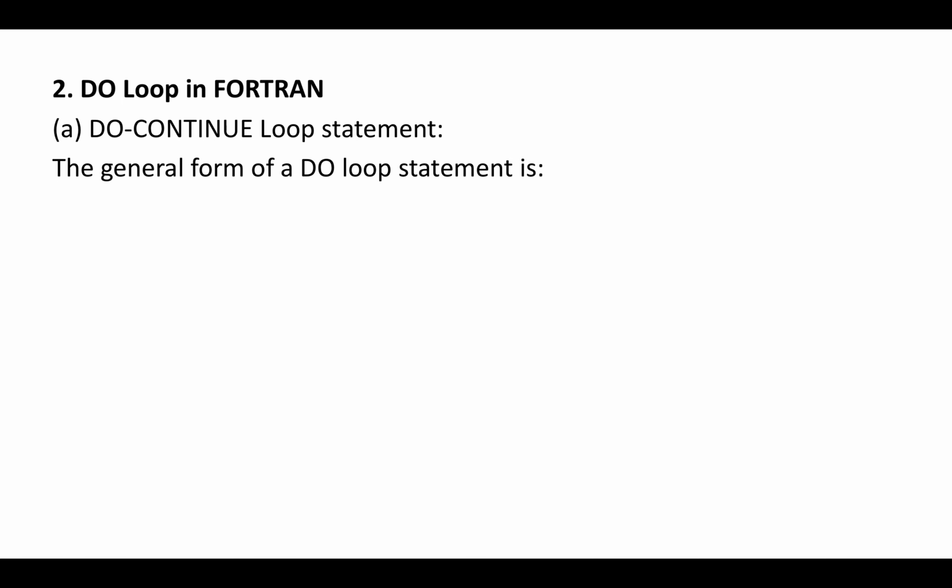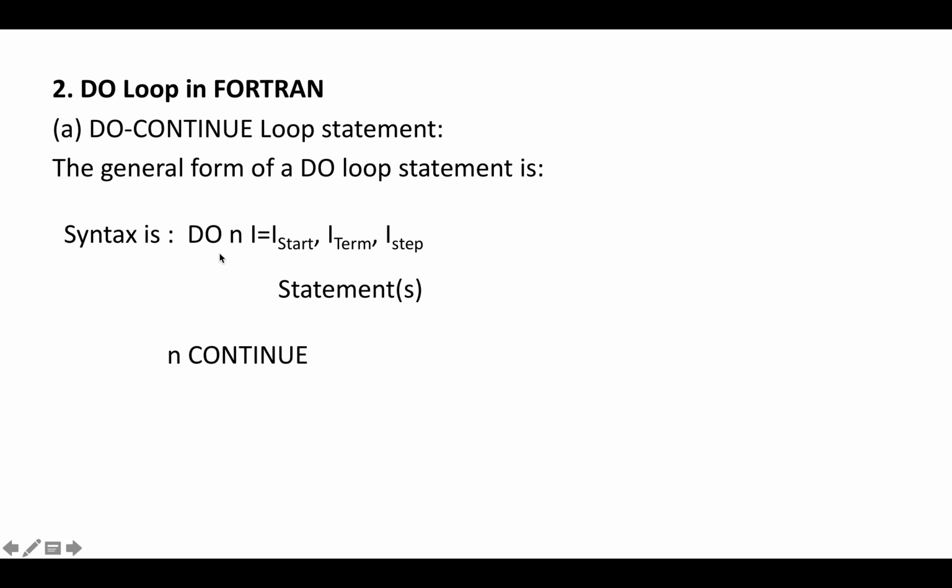The general form of this statement is do, n is the label number, a counter I which starts from I start, which is a value, comma I terminating, the final value, and comma I step.